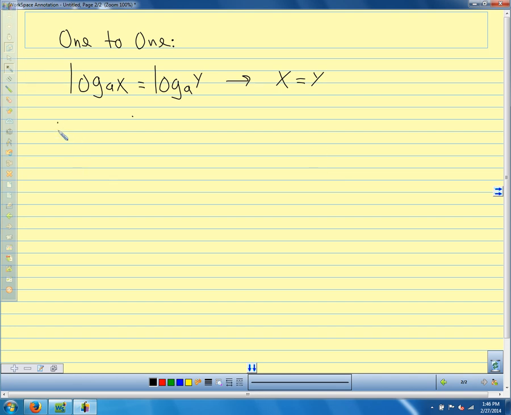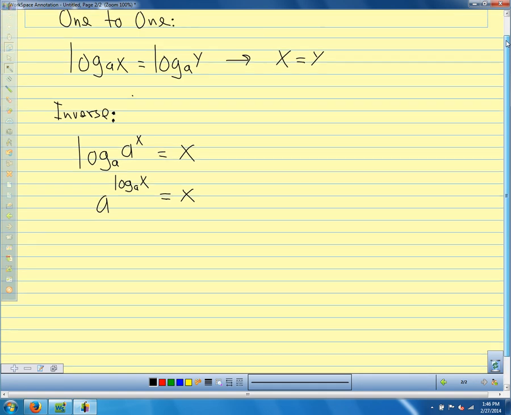And then we had our inverse properties, and we used those a little bit in the homework that we did on the board here. Log base a of a to the x equals x. These are inverse functions of each other, so we say they undo each other. And then the other way around, a to the log base a of x equals x. So those are the properties that we're going to use mostly today for solving logarithmic equations.